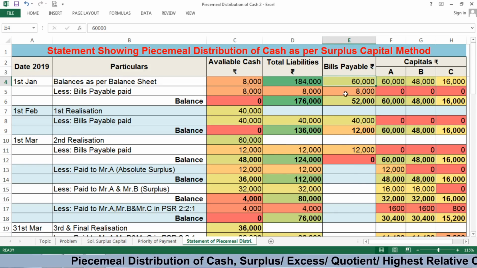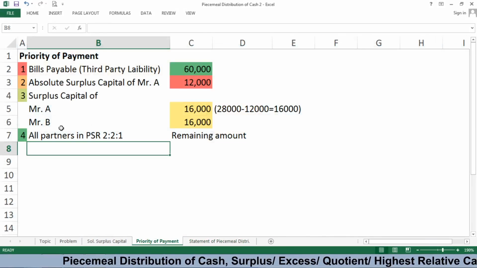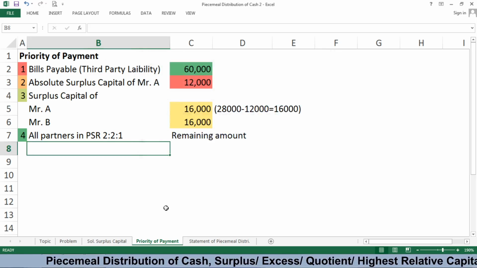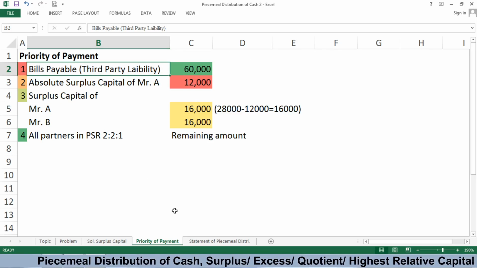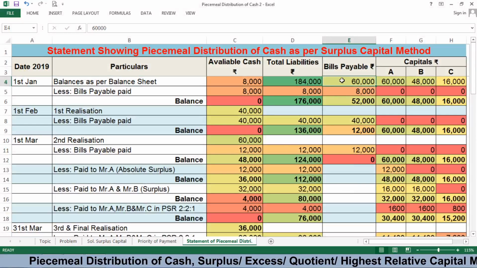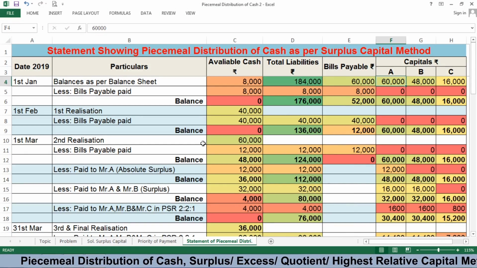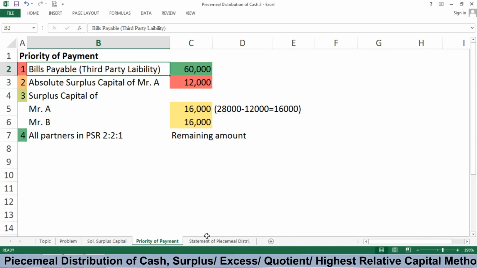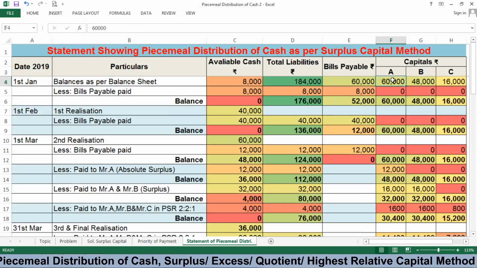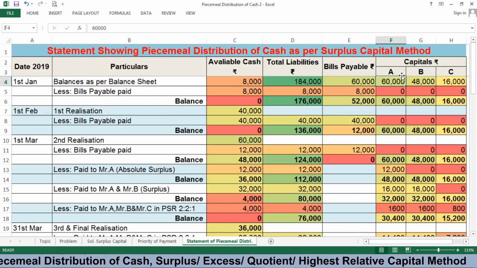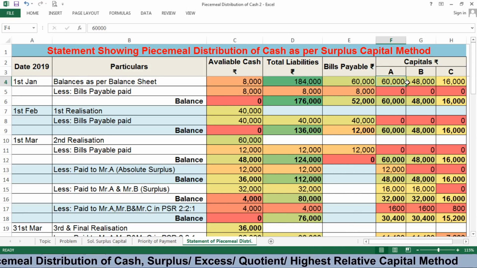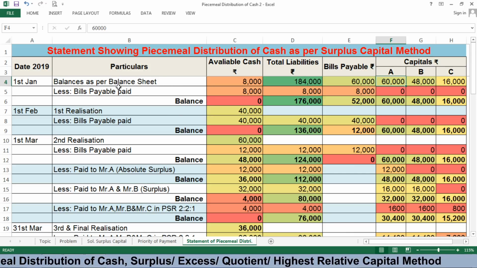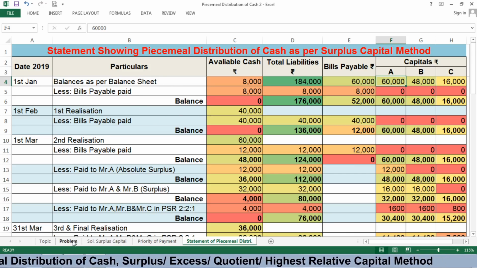Then whatever liabilities you have, that is the priority of payment, you have to maintain all those columns. First of all, you have to maintain bills payable, so prepare a bills payable column. Then there is no other liability other than bills payable and partners' capital, so you just create partners' capital columns for Mr. A, B and C. Here you can pay whatever amount you have.